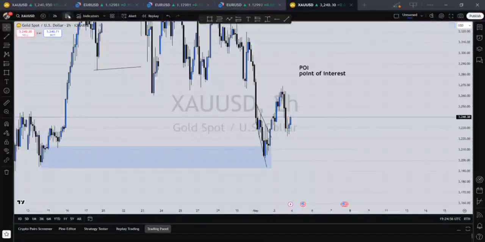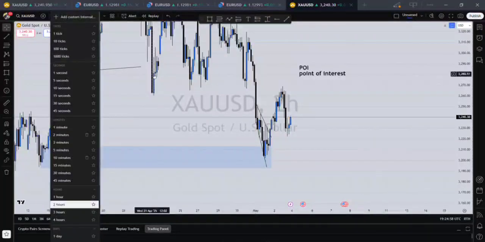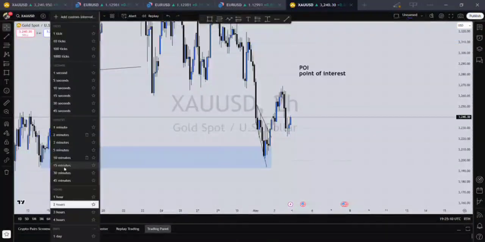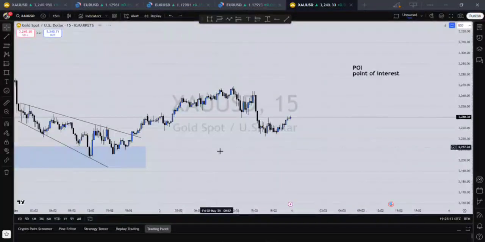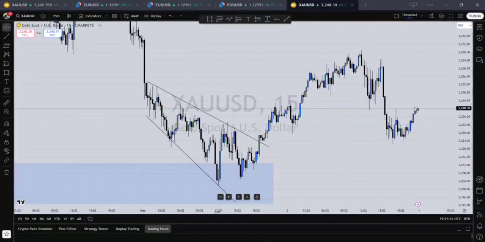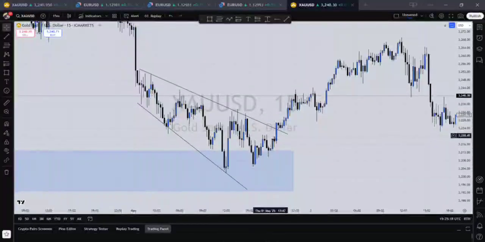Now, the break of this small trend structure doesn't mean that the trend has changed. Please, it's so important that you guys know this. It doesn't mean the trend has changed, but you can trade this small range structure on its own.